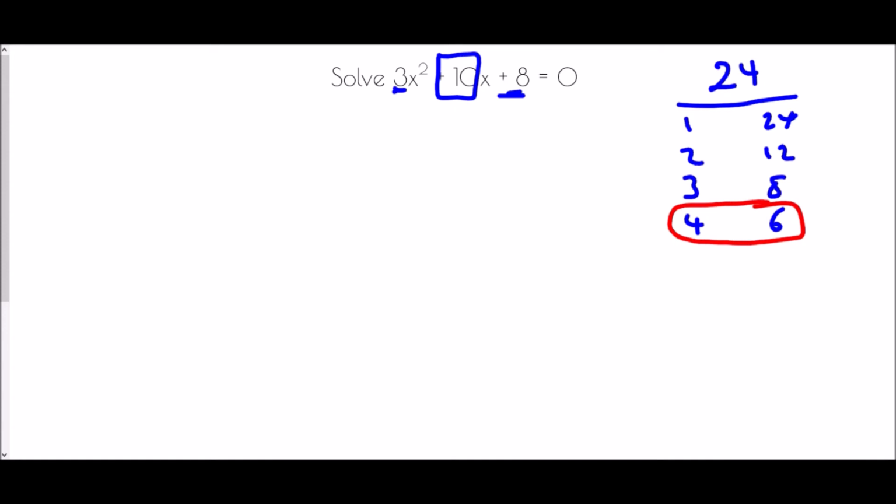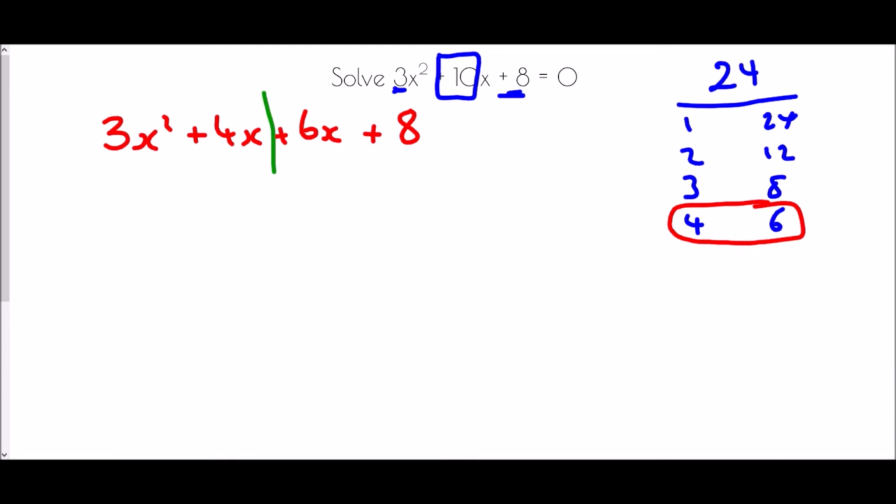And therefore, we're now going to rewrite the equation as 3x squared plus 4x plus 6x plus 8, and separate it in two, and we'll factorise each piece.